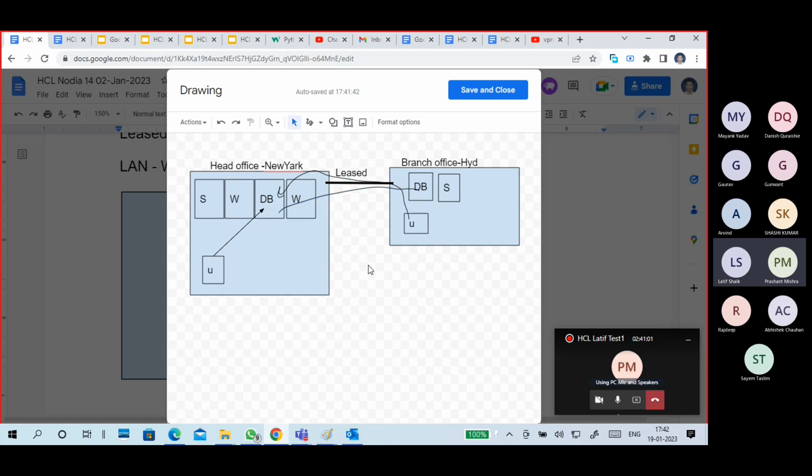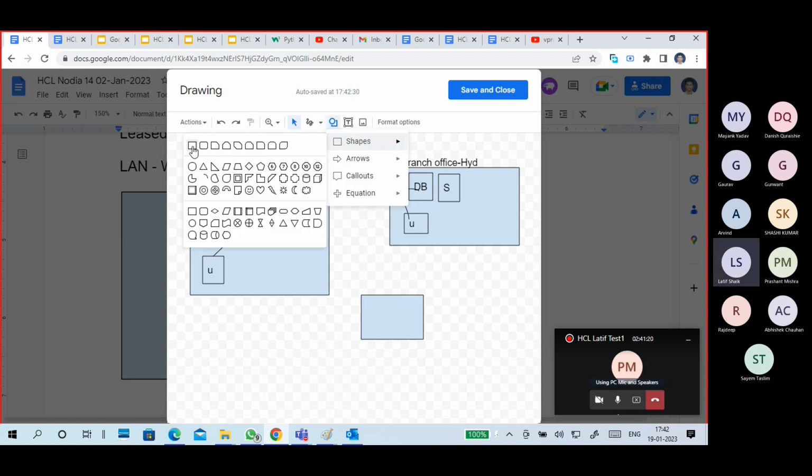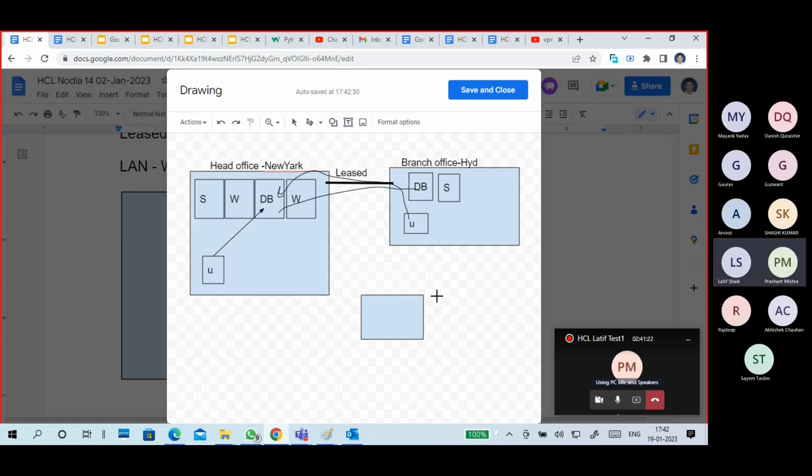How are we connecting? Guys, leased lines are costly, and compulsory dedicated connectivity is required. Public IP addresses, of course.